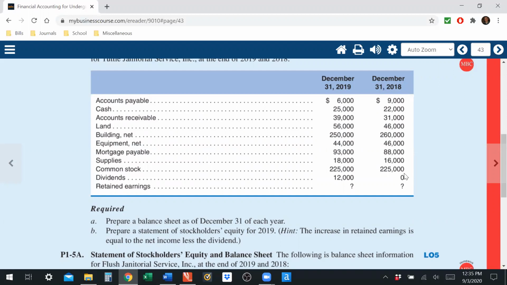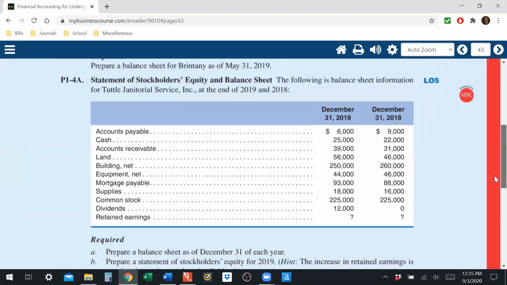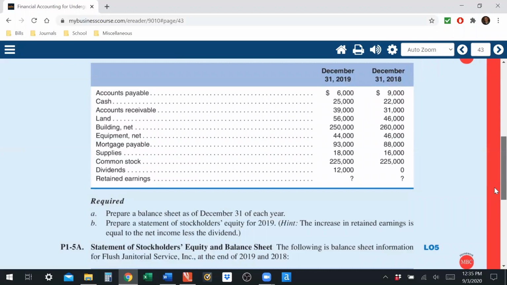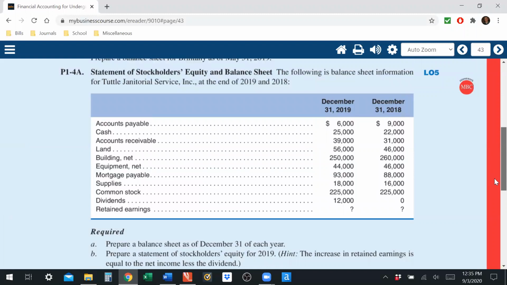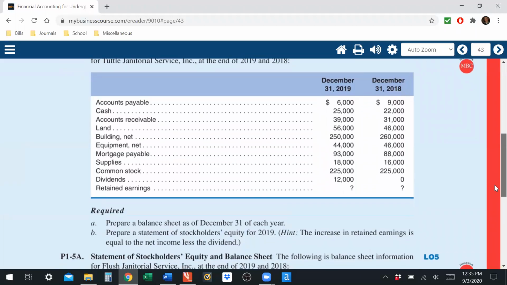What it does say is we do know that there were no dividends paid in 2018 and there were $12,000 worth of dividends paid in 2019. So we need to figure out what the ending balance in retained earnings is.